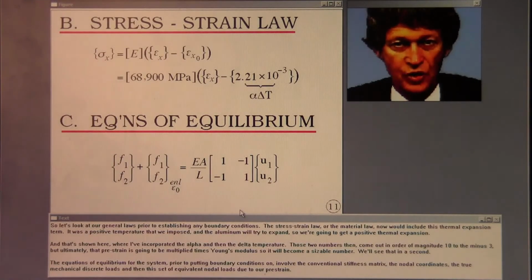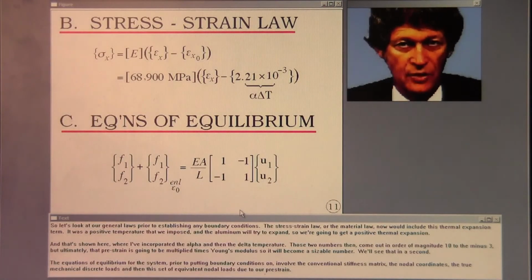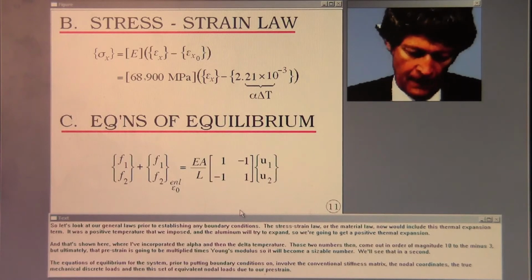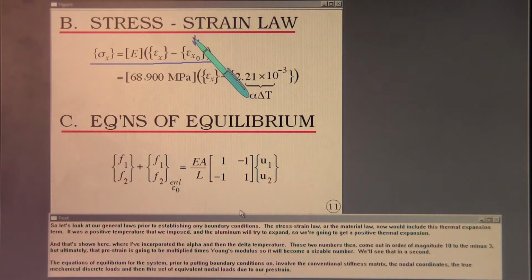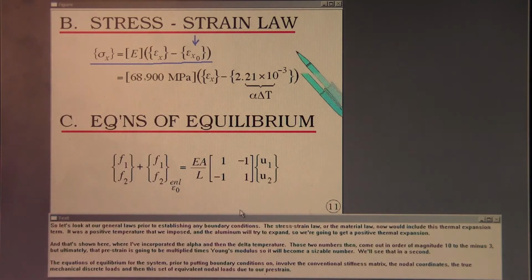So let's look at our general laws prior to establishing any boundary conditions. The stress-strain law, or the material law, now would include this thermal expansion term. It was a positive temperature that we imposed, and the aluminum will try to expand, so we're going to get a positive thermal expansion. And that's shown here, where I've incorporated the alpha and then the delta temperature.